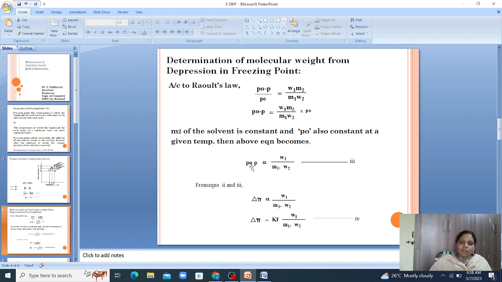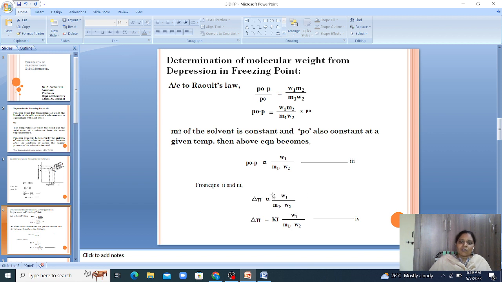So based on the temperature, vapor pressure curves and according to Raoult's law, we get these two equations. And in the third equation, we can substitute the delta TF value in place of P0 minus P. Then we get the equation that depression in freezing point is directly proportional to this.